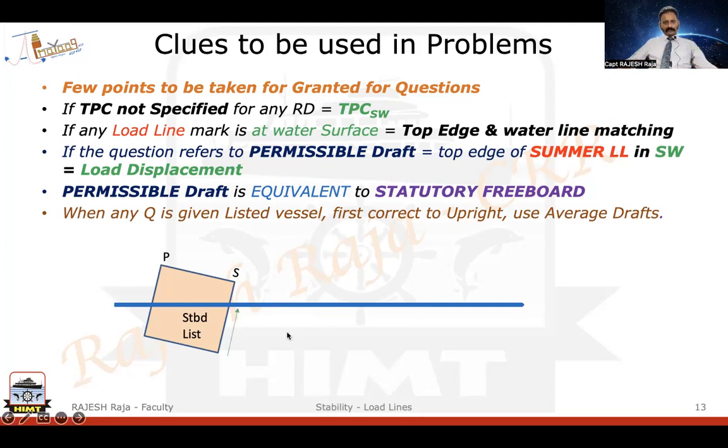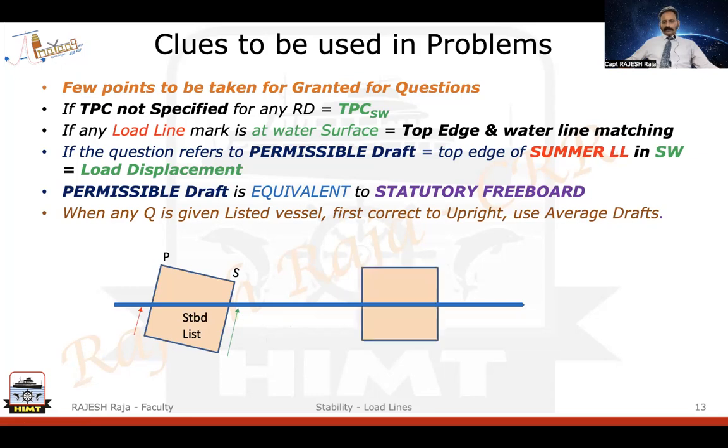You should realize that the starboard draft is going to be more than the port draft. Please do not try to solve a question like this. It's better for you to upright this vessel because just by uprighting, you are only shifting internally. So that is the concept here. So upright the vessel and solve the problem.